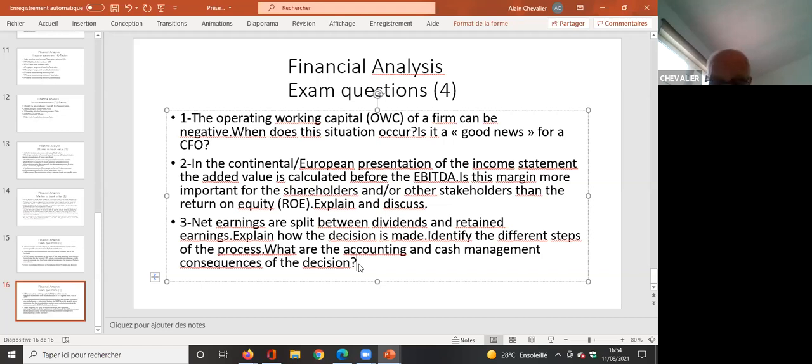And the consequences are that for the part of net earnings paid in dividends, there is a cash outflow. It means a reduction of the cash position of the firm. And for the other part, retained earnings, on the contrary, there is an increase in total equity.